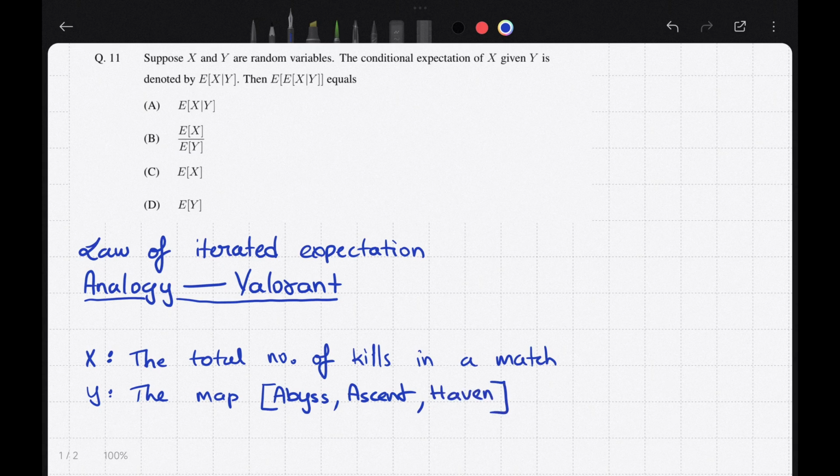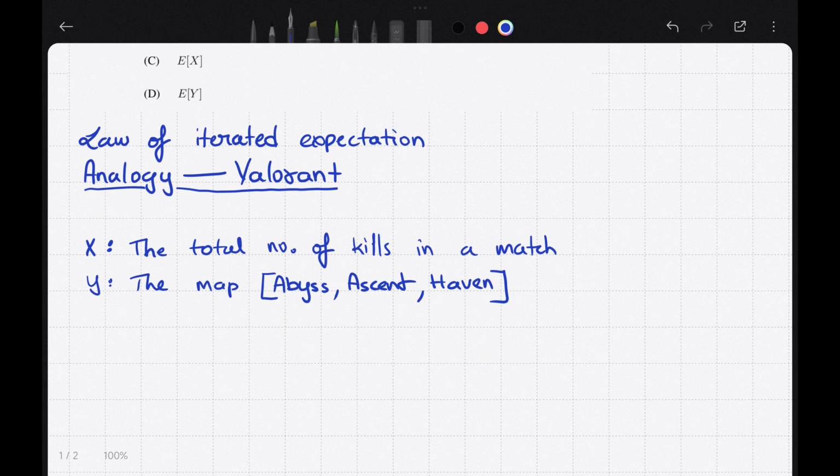Cool. So these are the only maps. Forget the other maps for now. So let's start with E of X given Y. E of X given Y in this case would be the average number of kills in a match given the map, right?